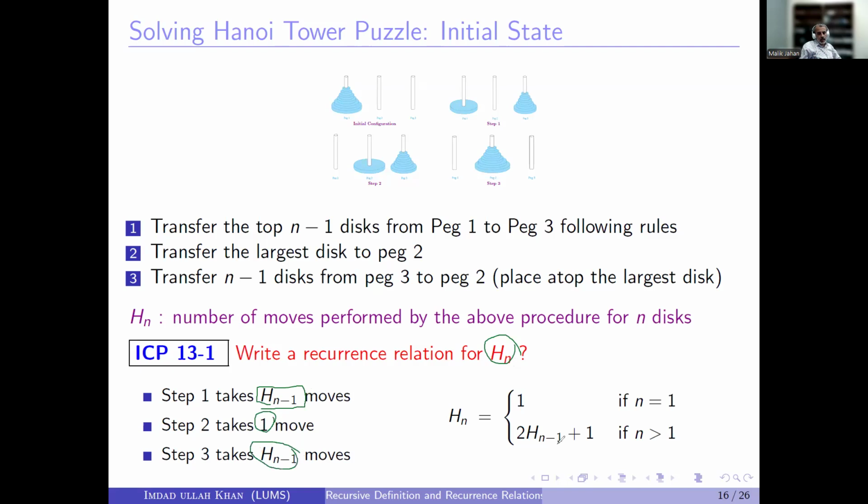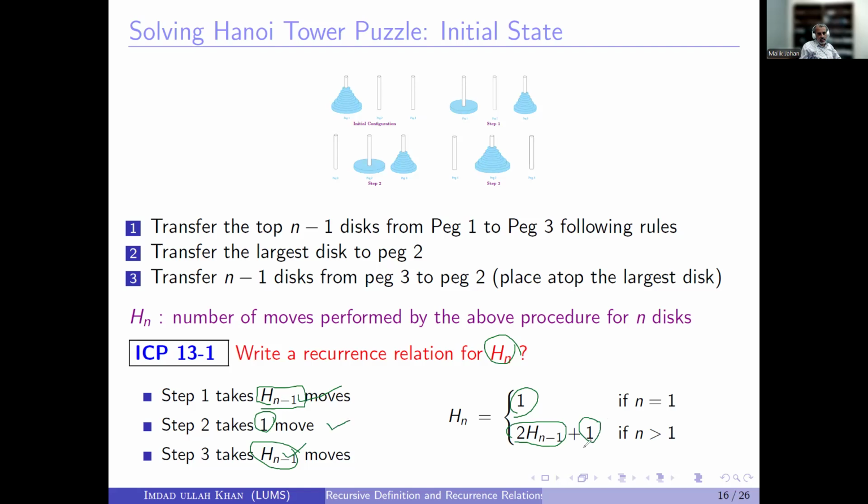So our total answer is that if we have only one disk to move, then our answer is 1, which is the base case. For the larger values of n, it is dependent on 2Hn minus 1 plus 1. So Hn minus 1 once, Hn minus 1 twice, that gives us 2Hn minus 1, plus the amount of effort which we require from step 2.